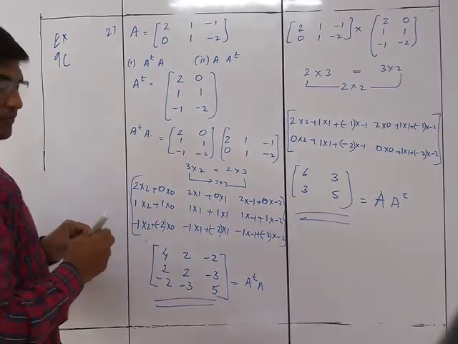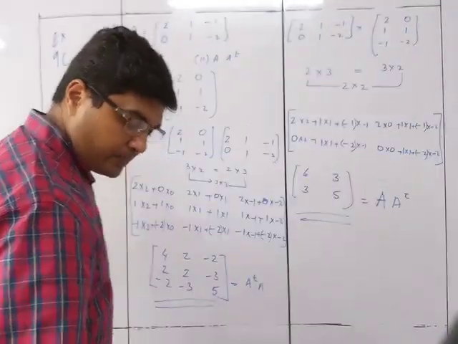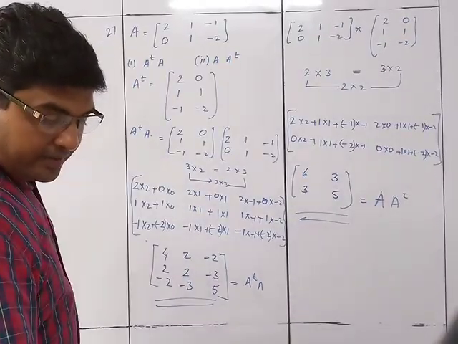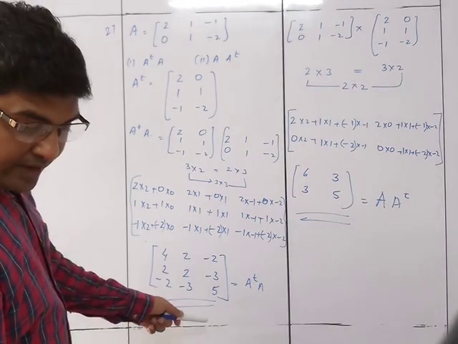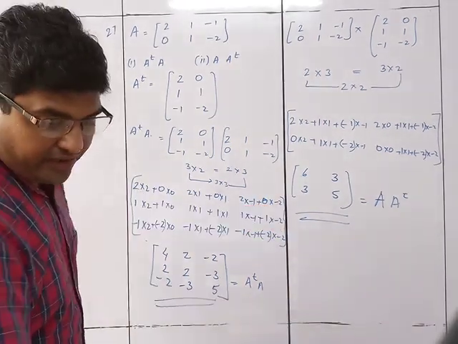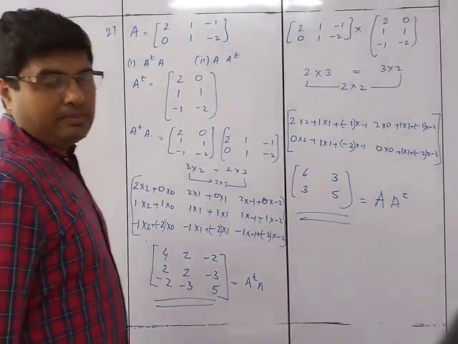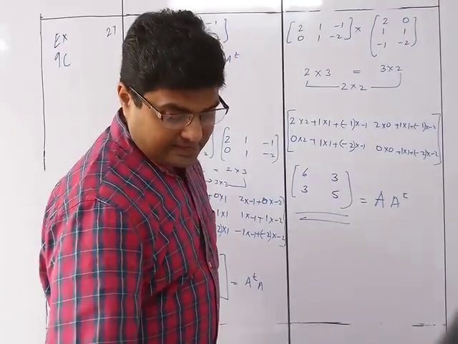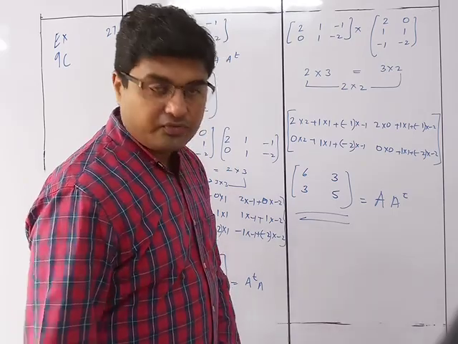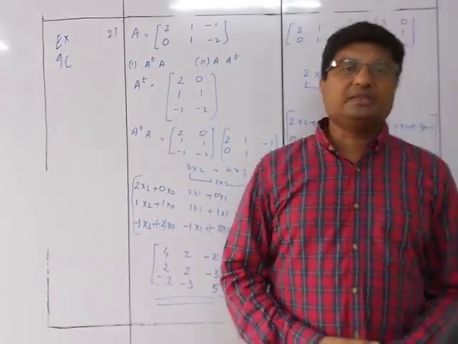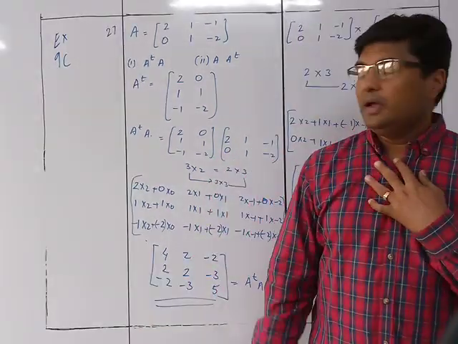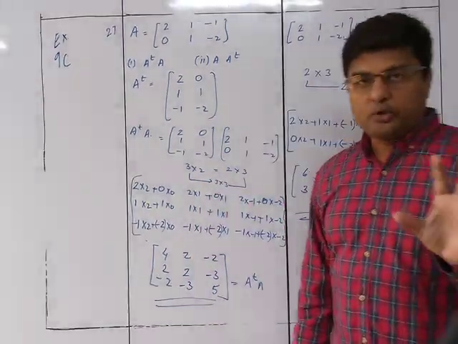Let's check the answer for sum number 27. It's 4, 2, minus 2, 2, 2, minus 3, minus 2, minus 3, 5 and 6, 3, 3, 5. Did you understand the sum? As I told you, it is not likely to come in the boards, maybe in the prelims, but as per your syllabus, you have only matrices up to 2 by 2.